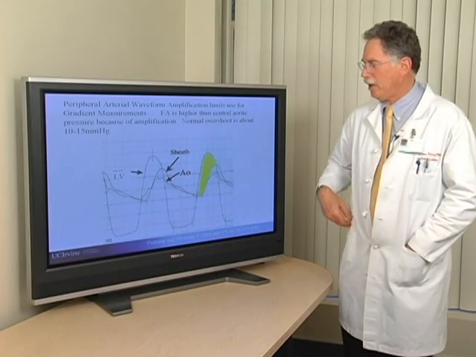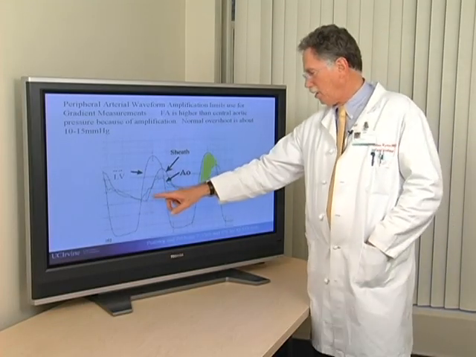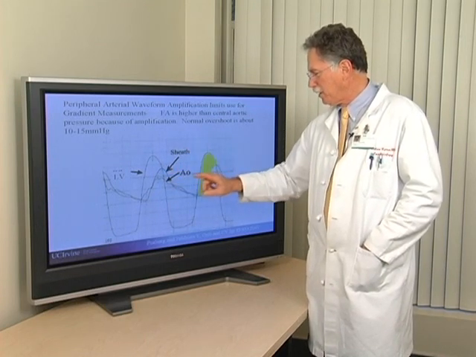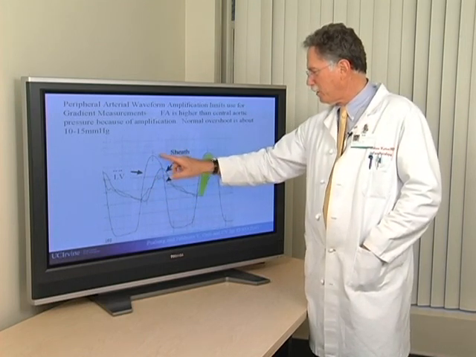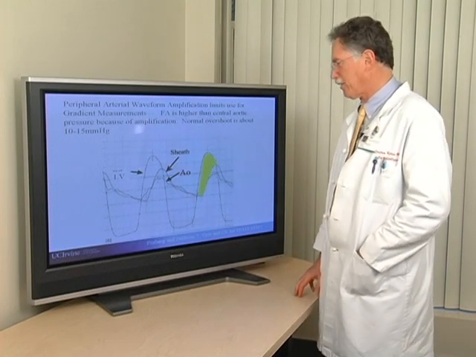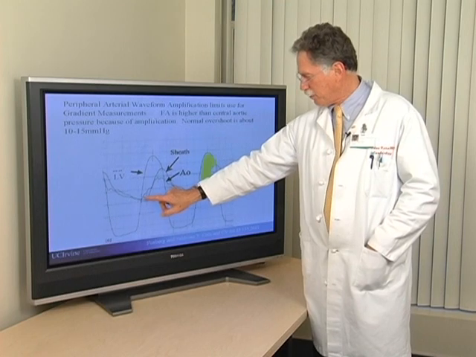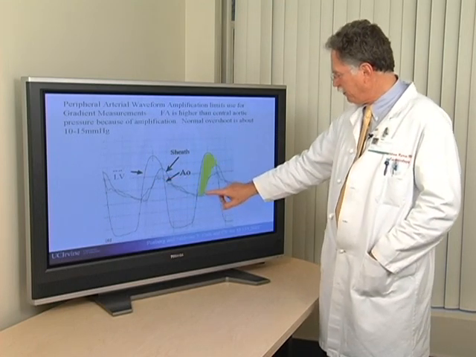Now, we measure aortic valve gradients by using often a femoral artery pressure measured in the sheath and the left ventricular pressure measured through the pigtail catheter. But if we put up a second catheter and measure central aortic pressure here, we see the difference.